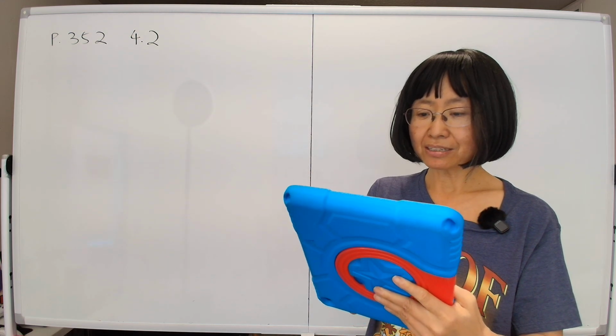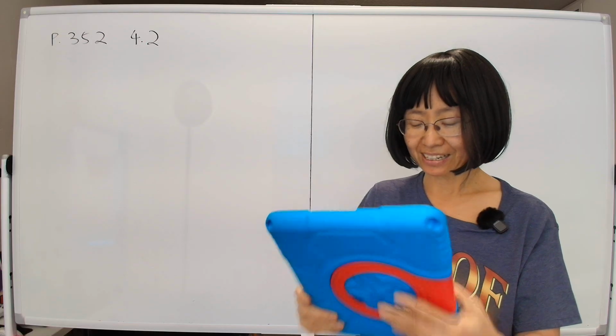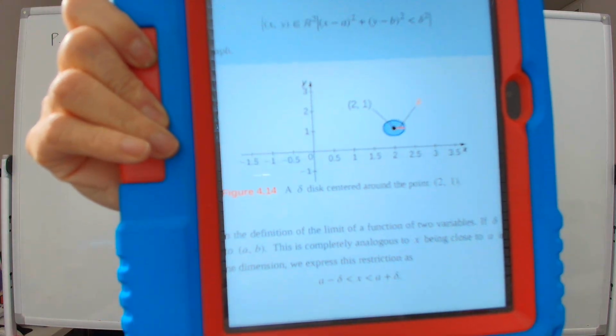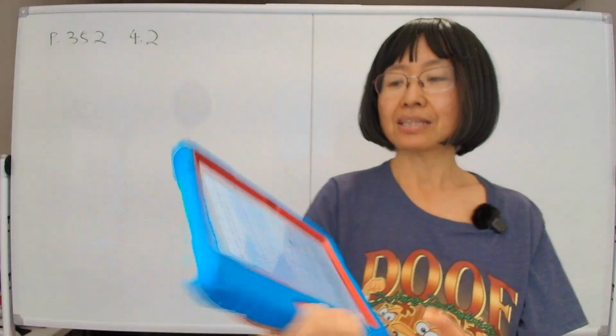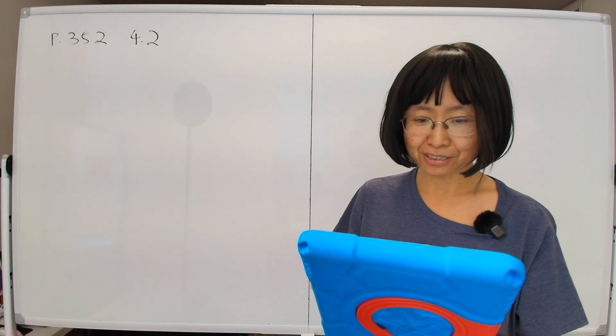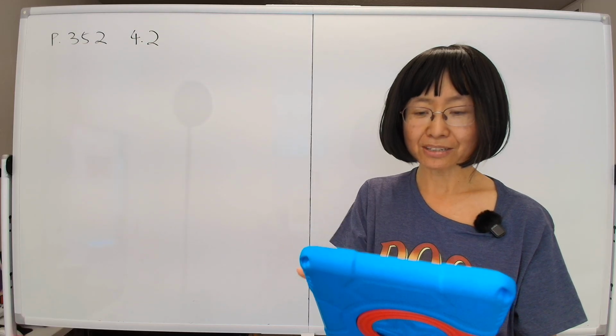A delta disk is something that's within a circle around that point, as you can see in the book here. That is our neighborhood, but the principle is exactly the same, whether it is 1D or 2D. Let's look at the next page.